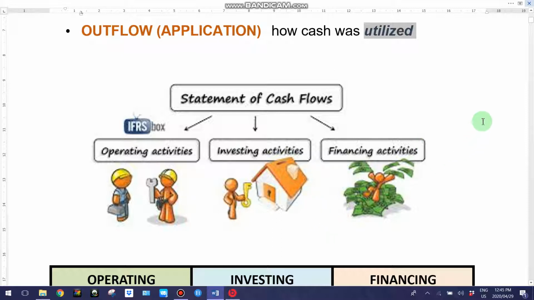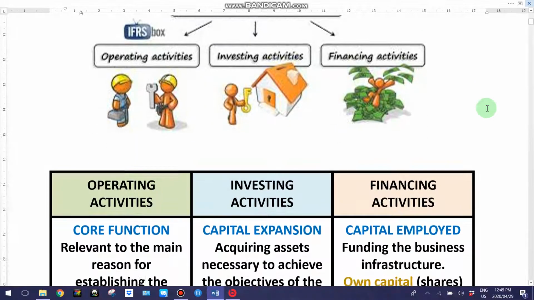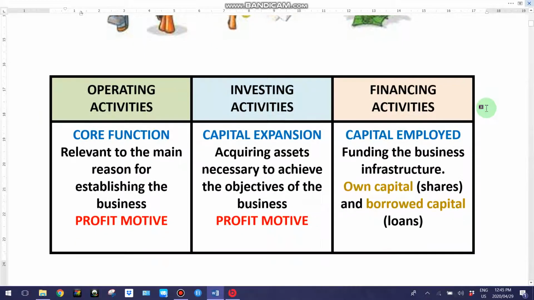Sometimes in an exam, they do not ask you to do the entire cash flow statement. They might ask you to just complete a specific section. So let's give it a small understanding before we move on to look at the actual information.